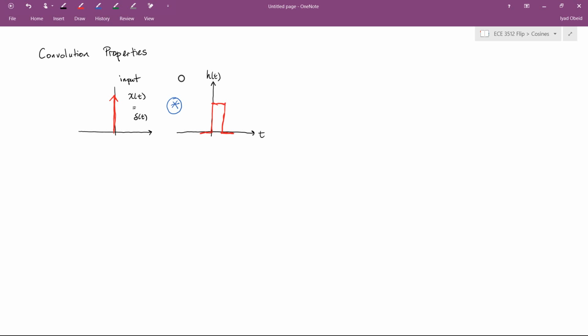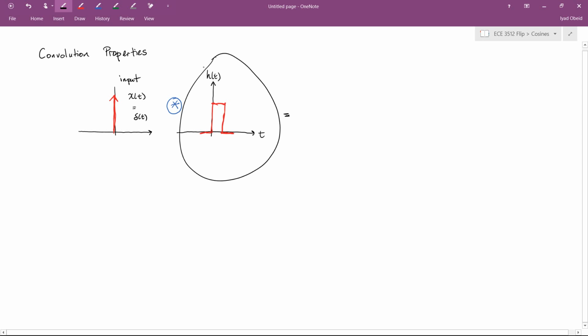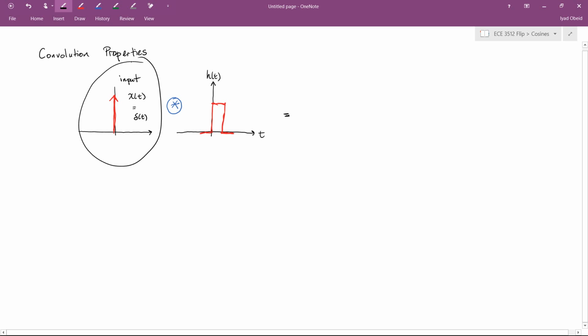Well, in this case, I think we can just assume that we know what the answer is. Let me reason this out. If h of t is the impulse response, and the system is being stimulated with an impulse, then surely the output of the system will be exactly the same as h of t.